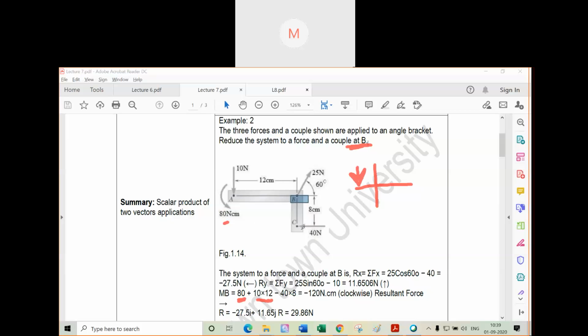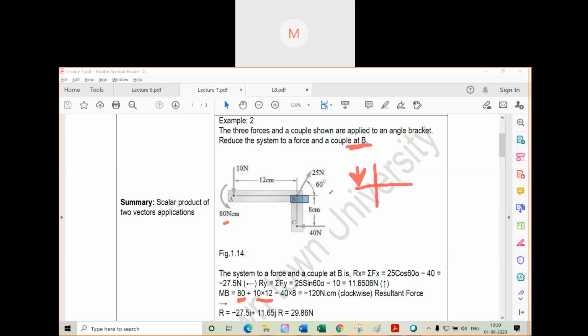Now look at the other part. If you see the other part, then what happens? This B was to the right side of 10.